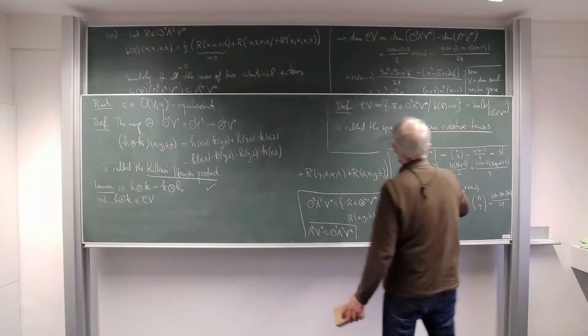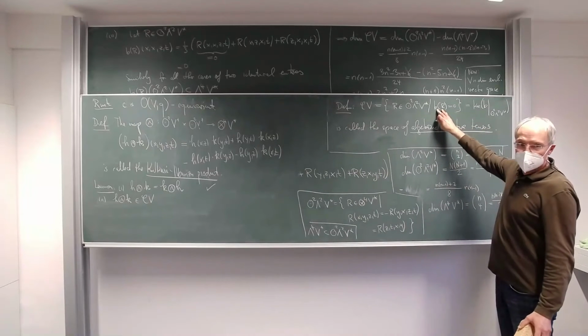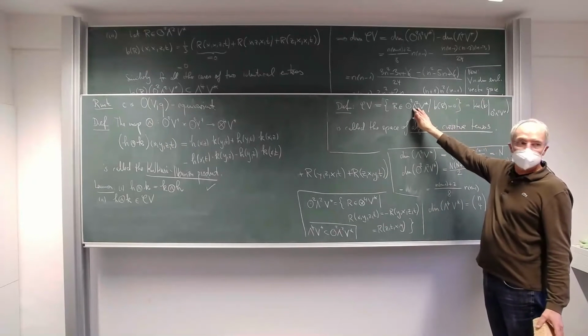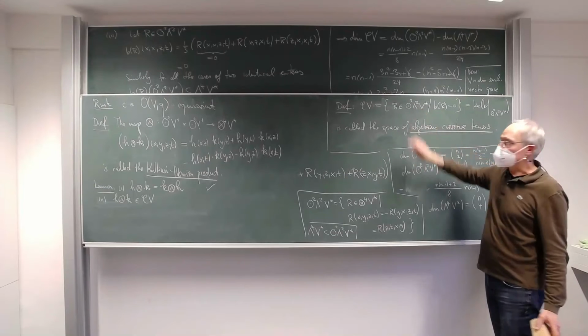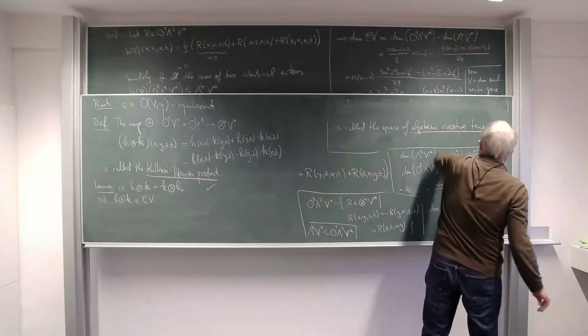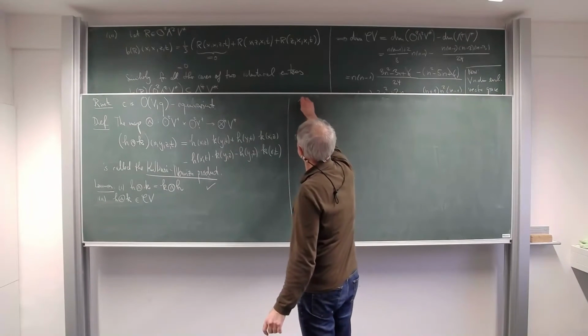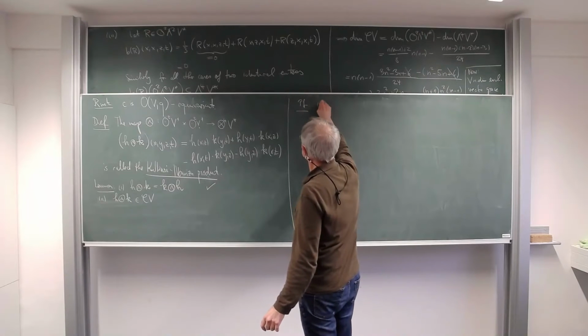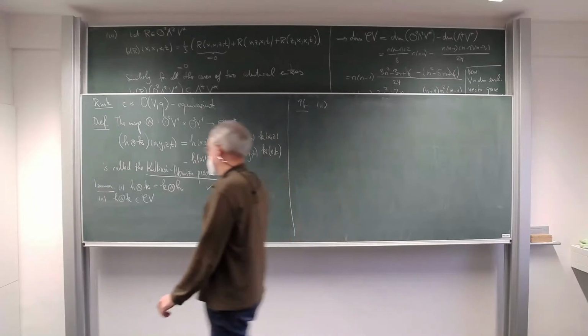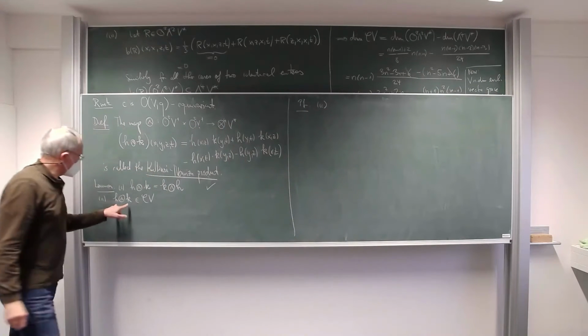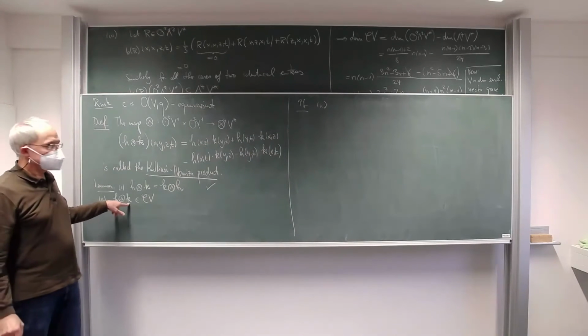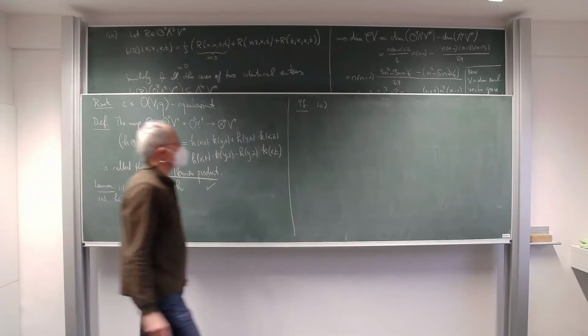We have to check the Bianchi identity and also the symmetry and anti-symmetry in the various slots. So for example, let's check anti-symmetry of that thing in the first two entries.